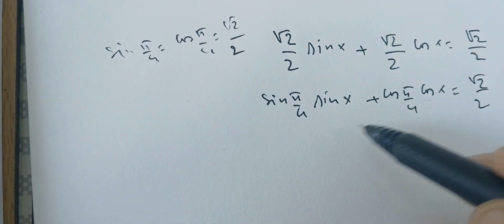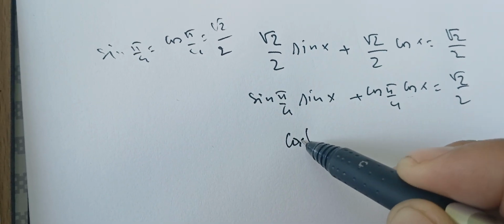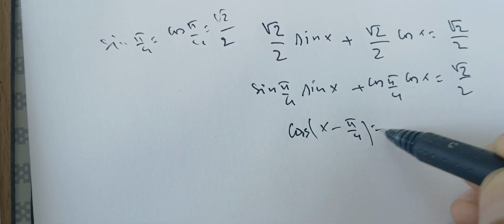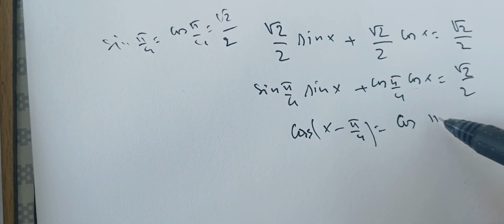Now if we use our regular formulas, we see that we have cosine of x minus pi over 4 is equal to the cosine of pi over 4.